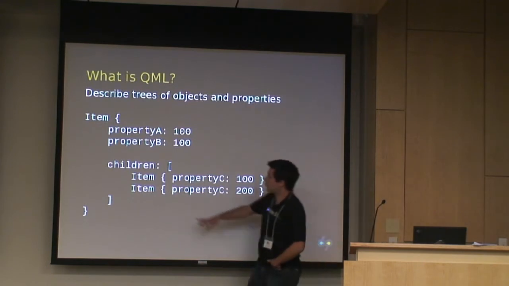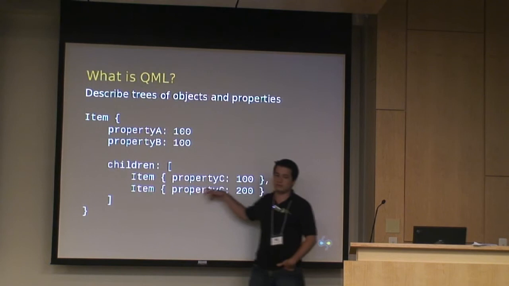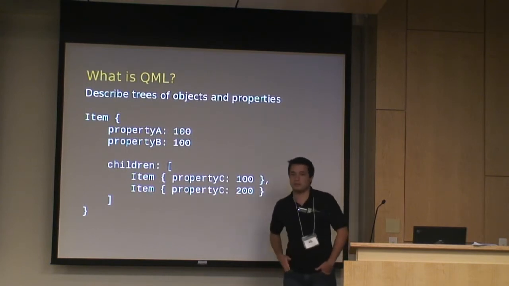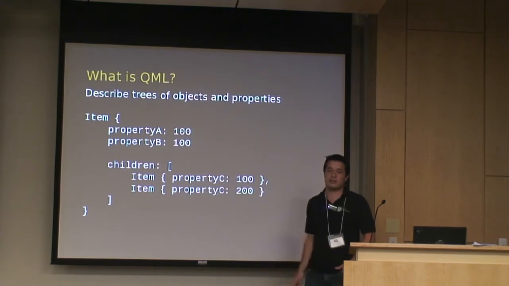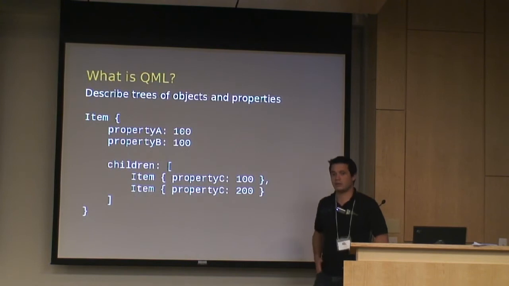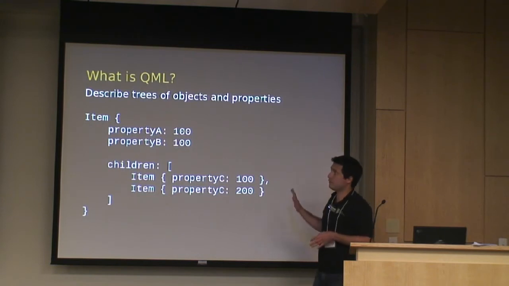So the property children has a list of two new objects. For those who know programming, it's easy to understand. It looks a little bit like JSON, which is the data representation language based on JavaScript. And that's it. That's QML.